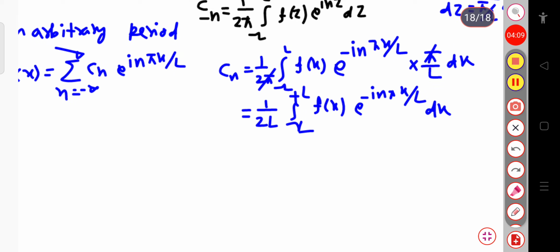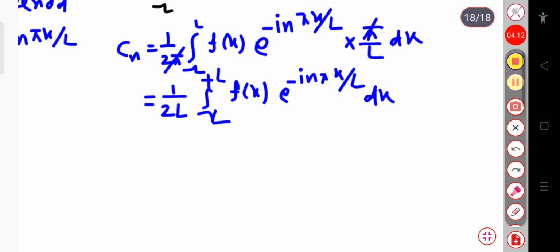Now we can also calculate the coefficient C minus n. You can simply replace n by minus n, or write it from the earlier expression.